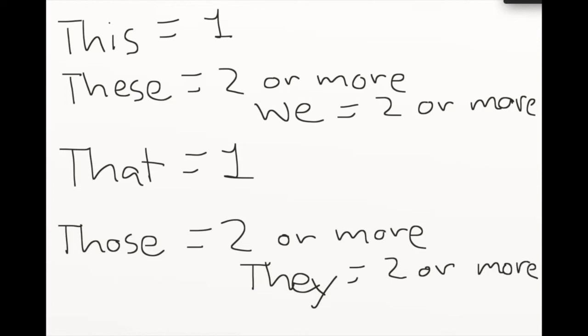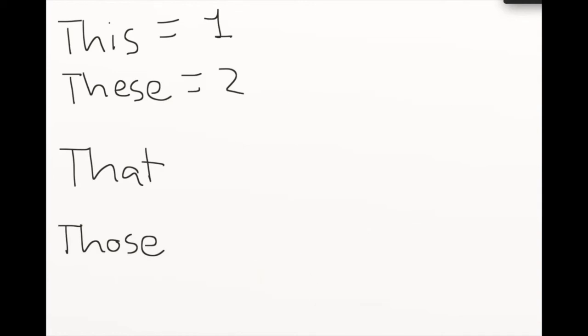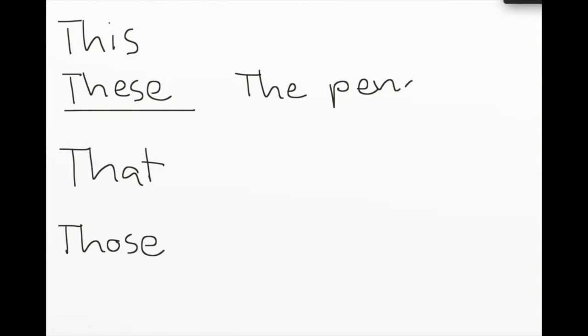Okay, so you use we and they if you're talking about two or more people, and you use these and those if you are also talking about two or more things. Okay, these is when it is close to you. So I am working at a table or a desk right now, so I could say these pencils are sharp.